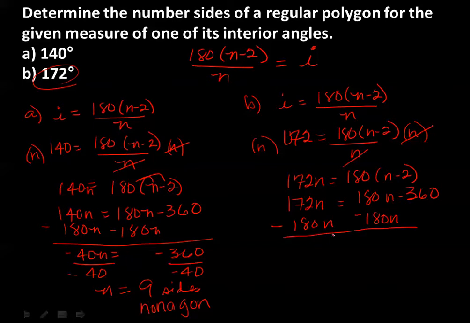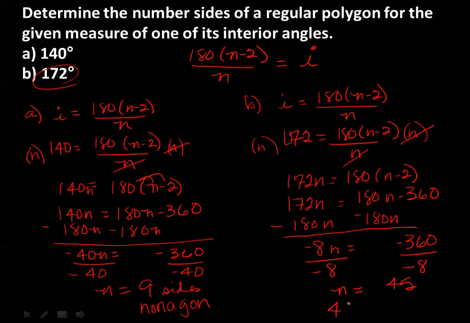So that leaves me with 6n, I believe, or 8n. And that gives me 360. I'm going to divide both sides by negative 8. So I end up with n equals 45. Woo! So 45 sides.